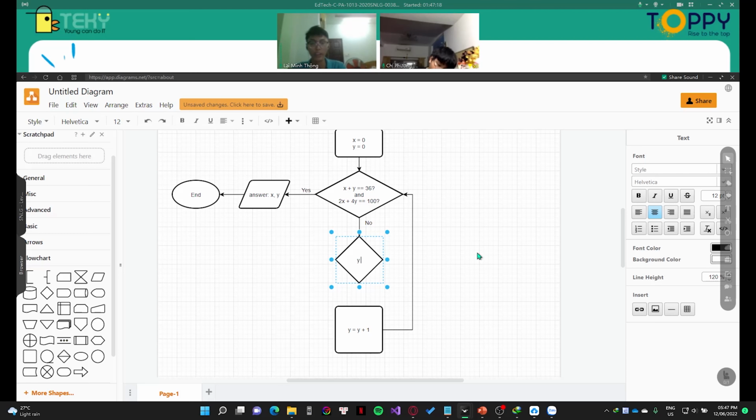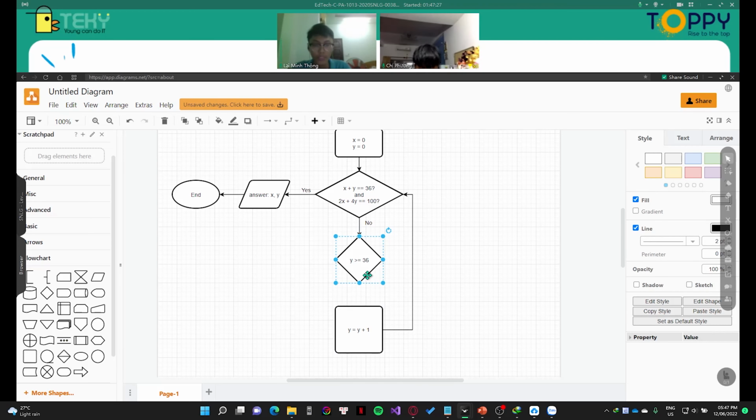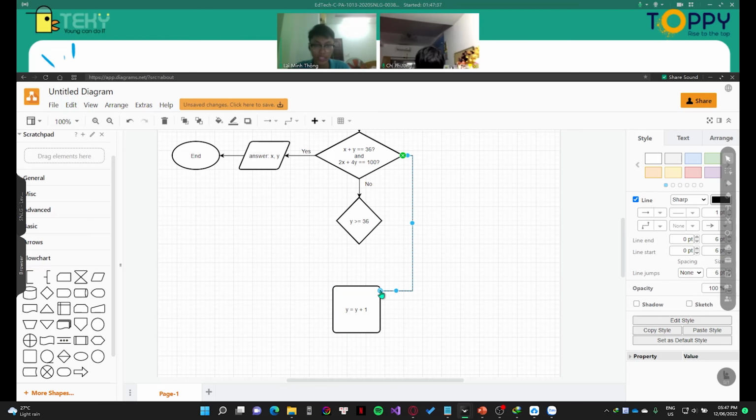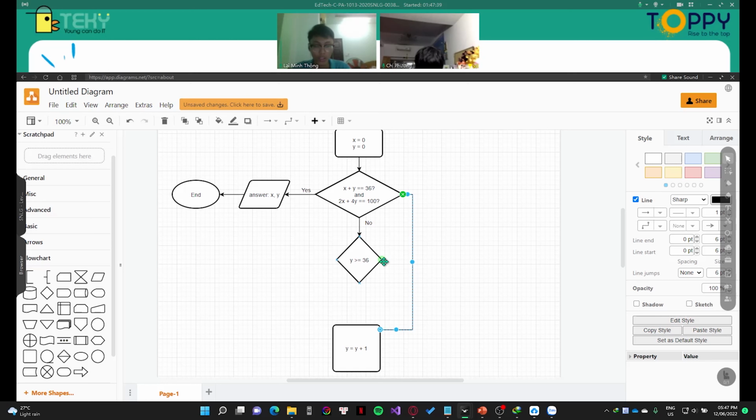We need to check whether y is greater than or equal to 36. Okay, and if it is true, we need to do like this. We need to increase x instead of y. So it will go like this.